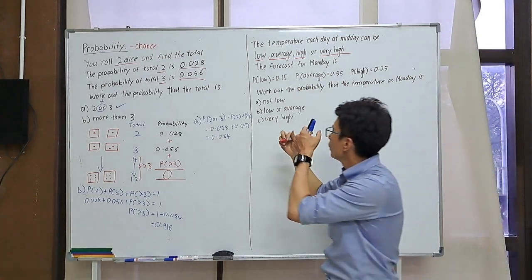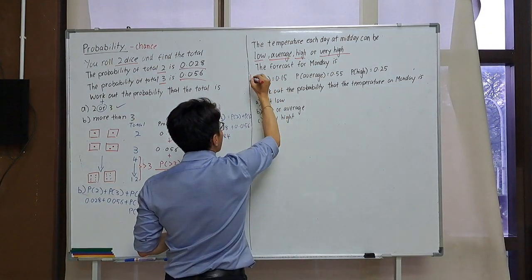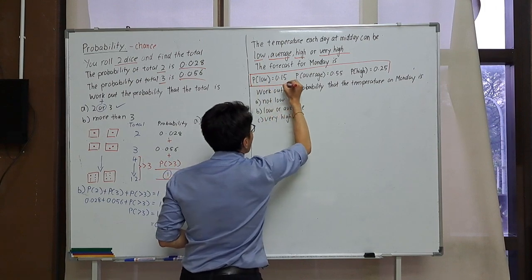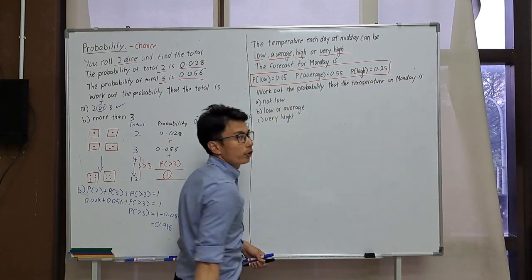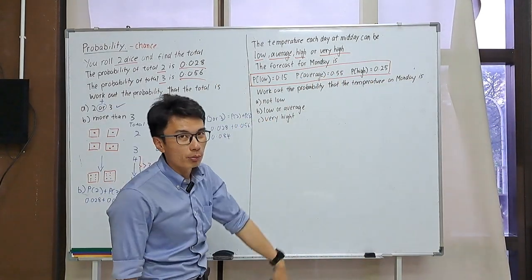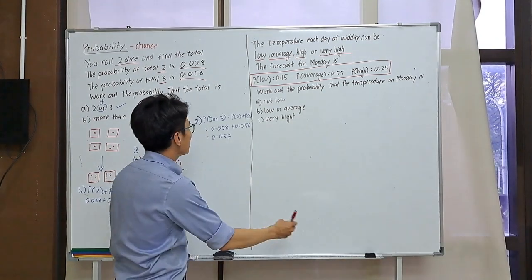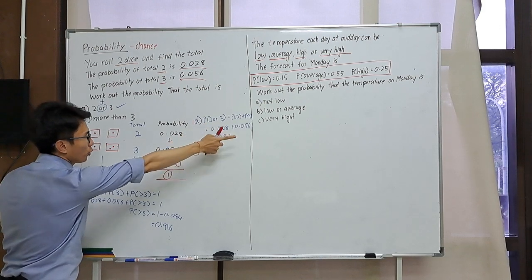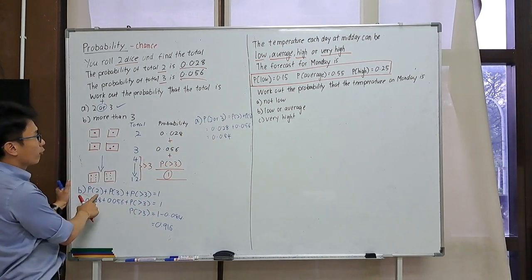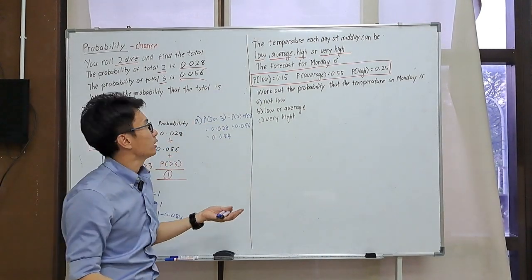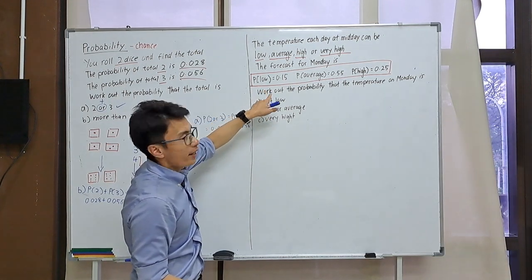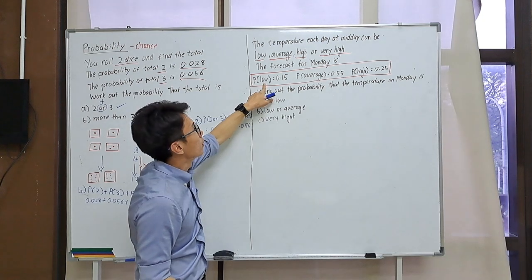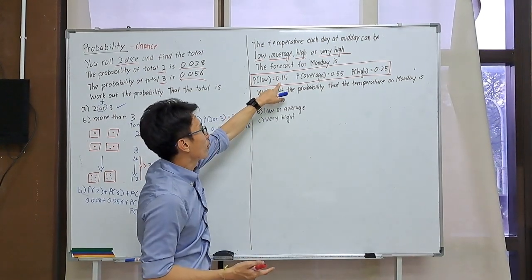Now, what am I looking at? If you take a look at all these things, I'm going to put a red box so you can see clearly. What are they showing me over here? All these are probabilities. How do I know? Because can you see how we write probability? The probability of 2 or 3, the probability of 2. That's how we write probability. So this is read as the probability of a low temperature during midday, it's 0.15.